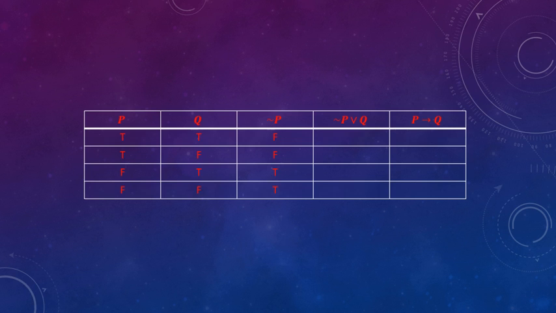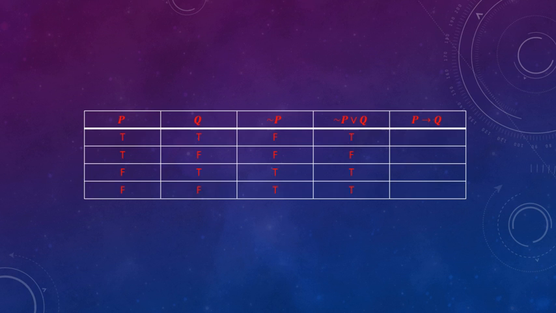Now we're taking the disjunction of not P or Q. As long as there's one true in that row of not P as well as Q, then your disjunction is true. So it's going to go true, false, true, true. So that puts us right there.